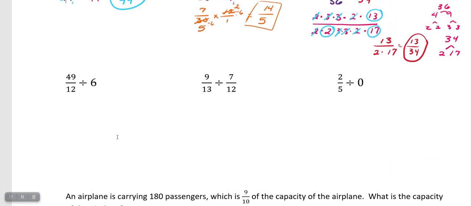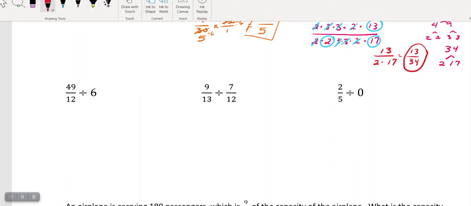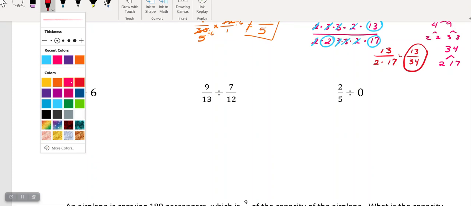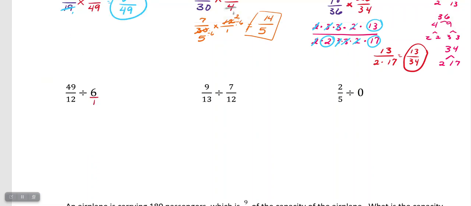Okay, so let's look at the next one. This time we're taking a fraction, dividing it by a whole number, but we're still going to use the same process. So I'm going to put my 6 over 1, so I've got my whole number written as a fraction. I'm still going to keep, flip, change.